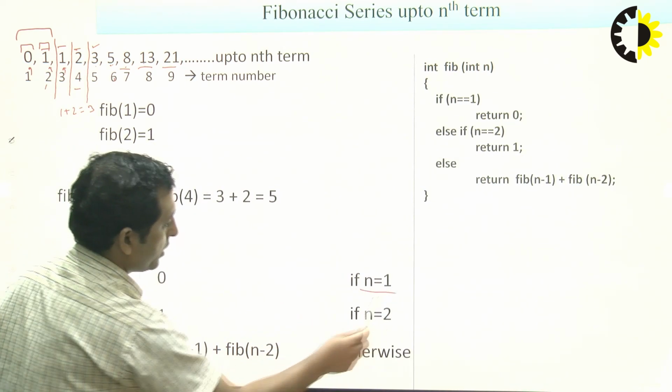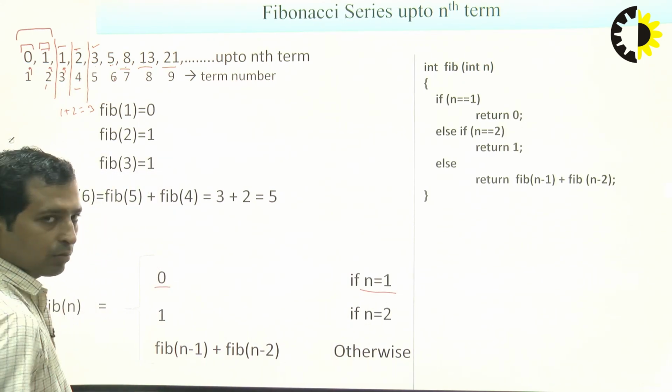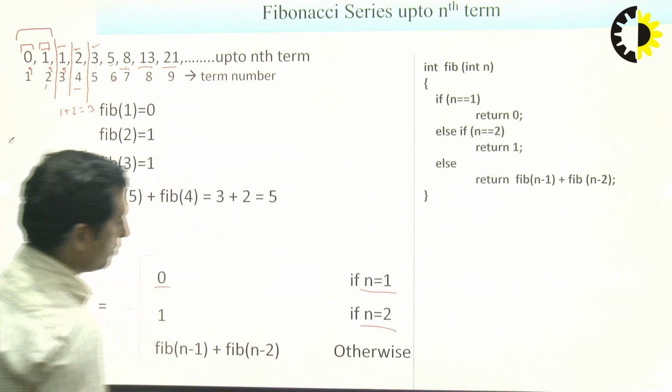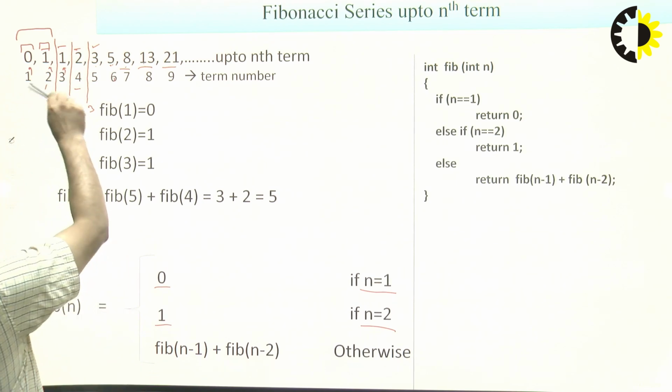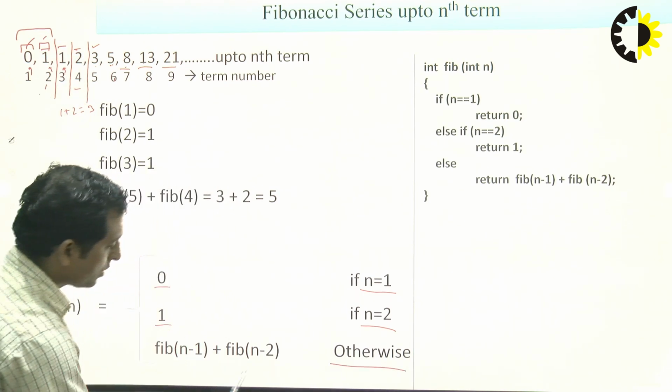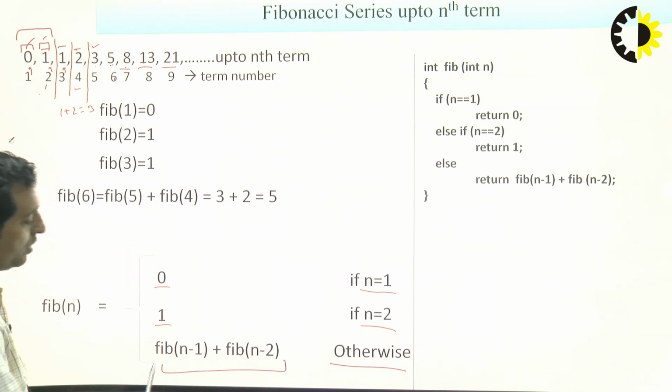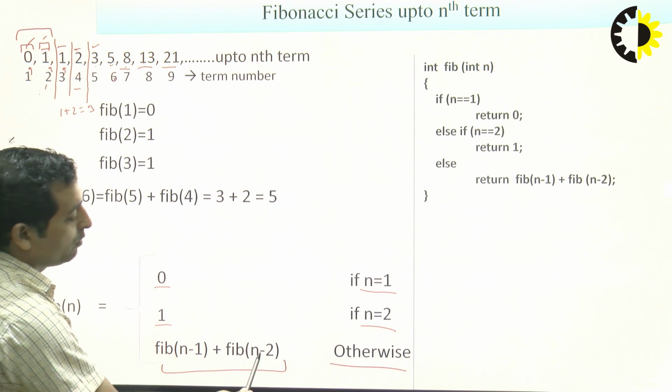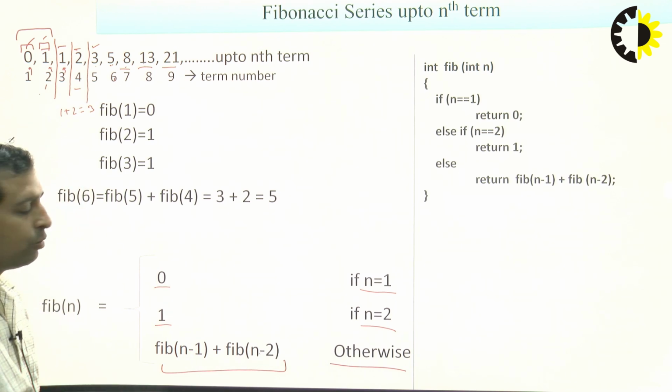If n equals 1, the value is 0. If n equals 2, the value is 1. Otherwise the value is the summation of the 2 previous terms, meaning the Fibonacci term value of n minus 1 plus the term value of n minus 2.